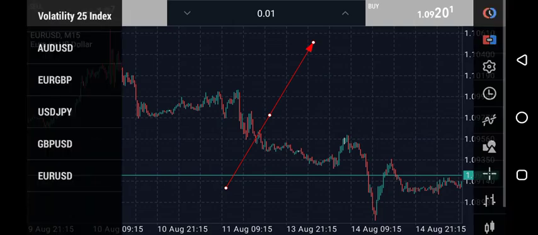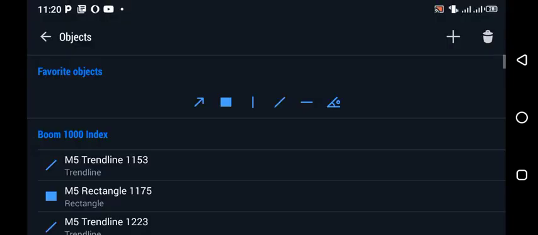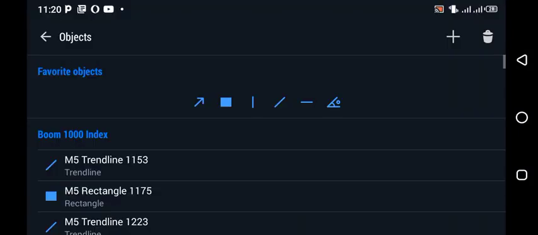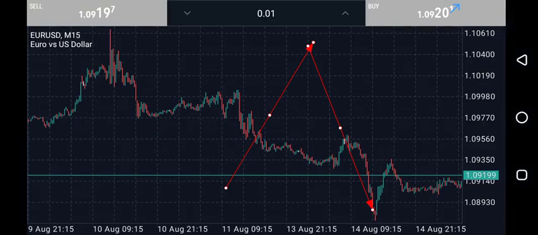The second way is the downward movement, and the third way is sideways. There are only three ways the market can move: upward, downward, and sideways. There's no other movement that can happen in forex aside from these three.